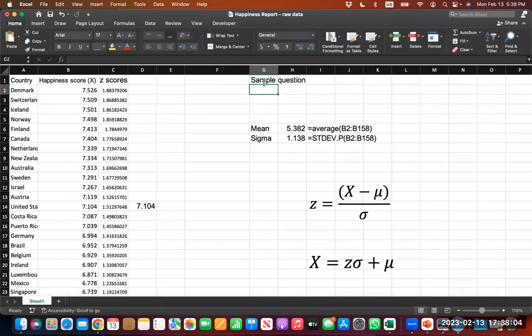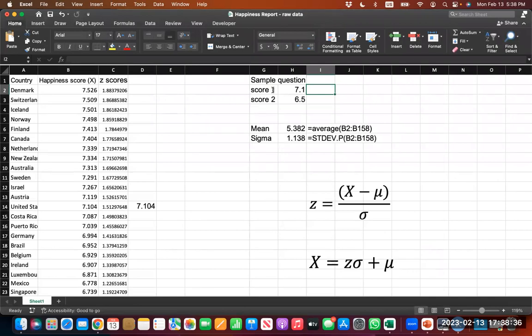Let's say score 1 is 7.1, and score 2 is now 6.5. You want to know what's the percentage of the population that is between a happiness score of 7.1 and 6.5.